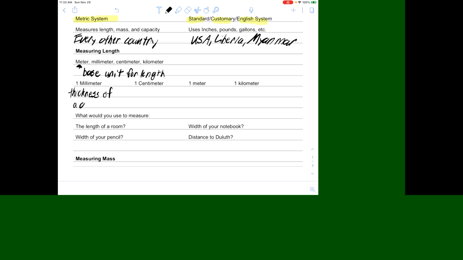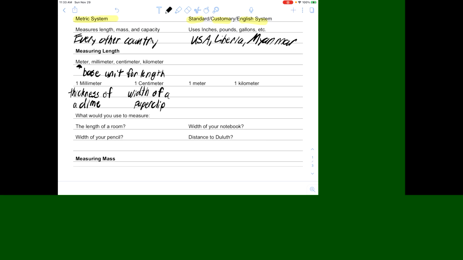So if you lay a dime down on your table, the coin, and you look at how thick the dime was, not how wide it is, how thick it is if you lay it on the table, that would be about the length of a millimeter. 1 centimeter then, about the width of a paperclip. So if you lay a paperclip down, and again, this isn't how long the paperclip is, this is how wide. If you took a paperclip and you measured how wide it was, that would be about a centimeter.